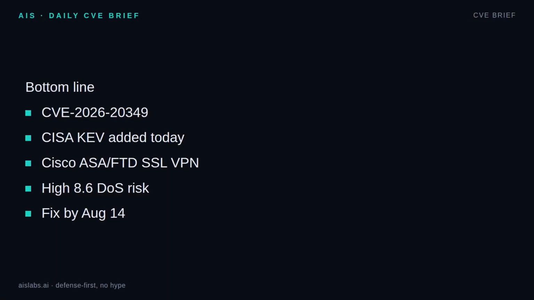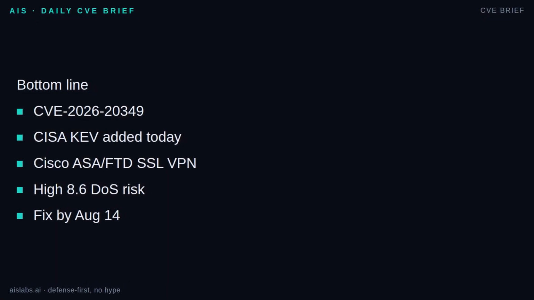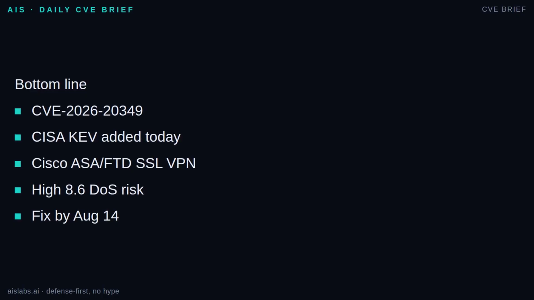Bottom line, CVE-2026-20349 is now in CISA's KEV catalog as of today, August 11, 2026. It affects Cisco ASA and Cisco FTD remote access SSL VPN service, and can let an unauthenticated remote attacker cause an unexpected device reload, creating a denial of service condition.